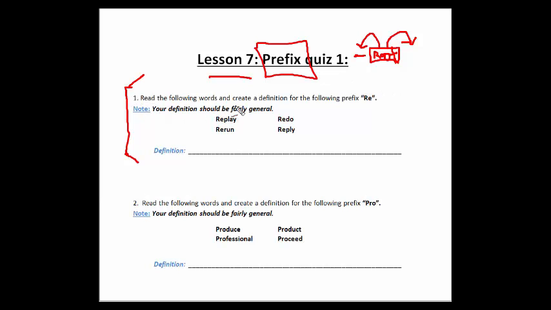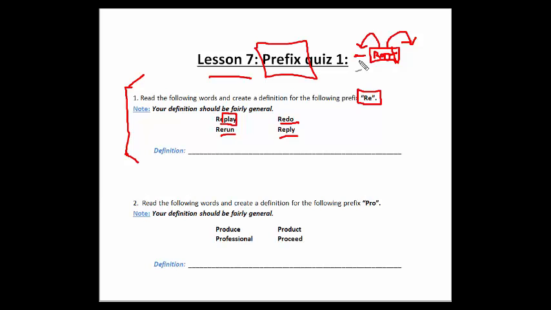So here's the way this is set up for this particular lesson. Number 1 says read the following words and create a definition of the prefix re. Here are the words: replay, rerun, redo, and reply. Replay, the root word, as we mentioned earlier, is play.